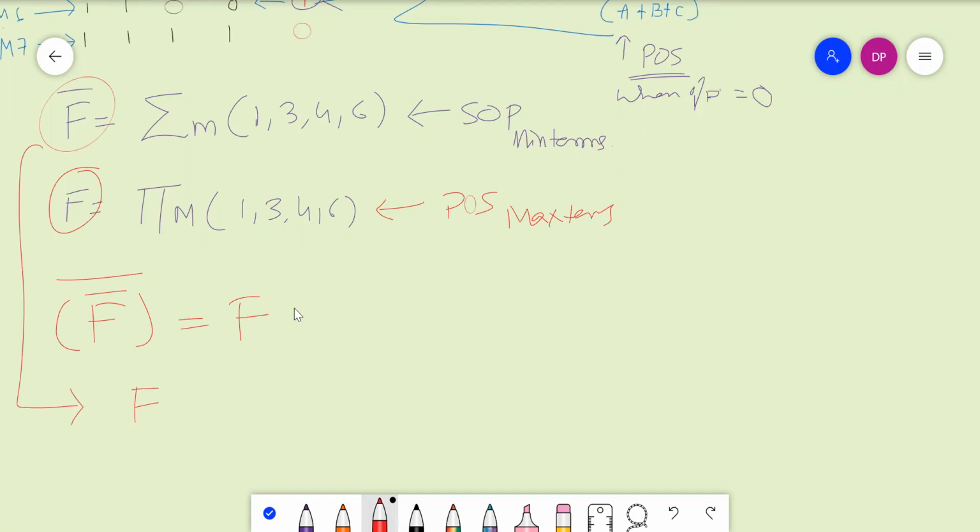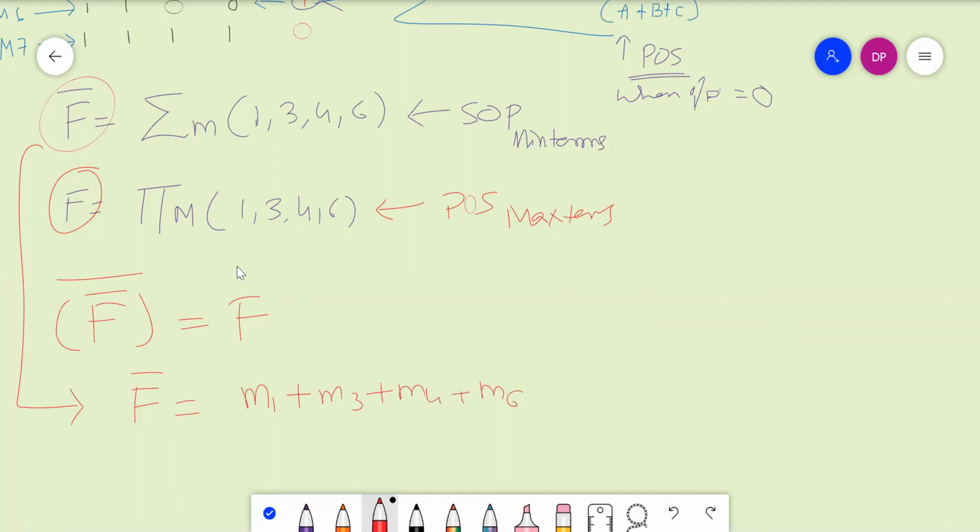Okay, let's check whether we are getting this or not. Let's represent F bar is equal to sum of m 1, 3, 4, 6. What can we write in terms of sum of products? Small m1 plus m3 plus m4 plus m6.